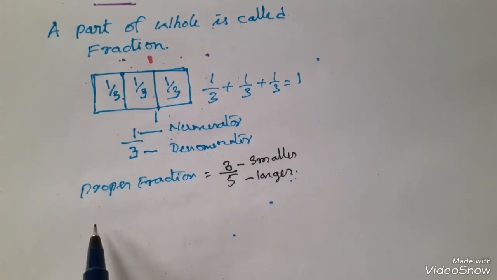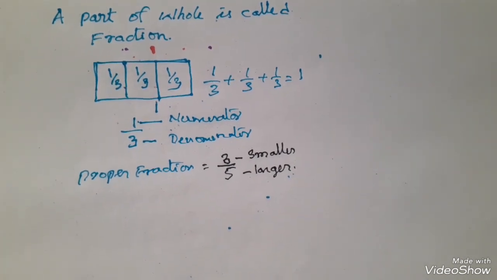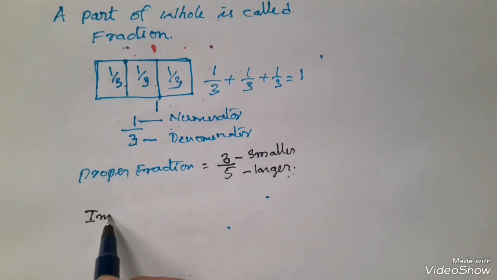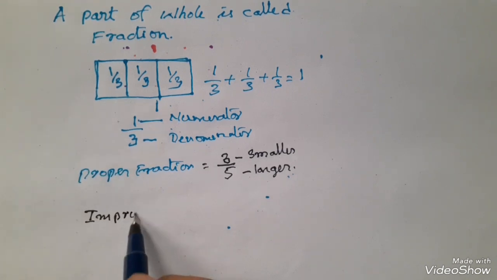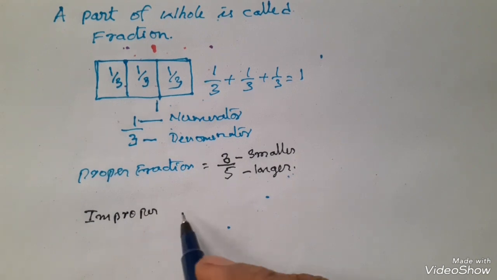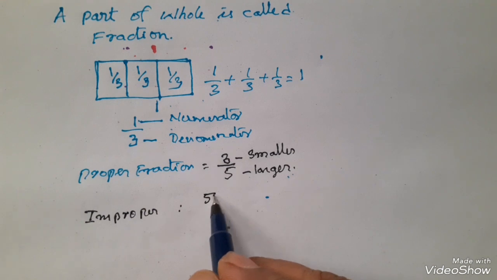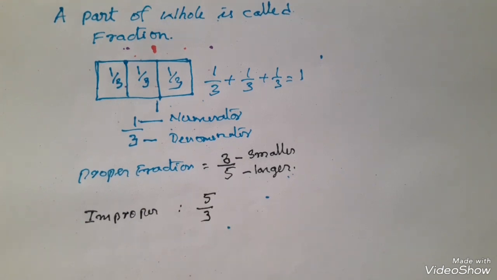Second one, improper fraction. For example, see 5 by 3. The numerator is greater than the denominator here.